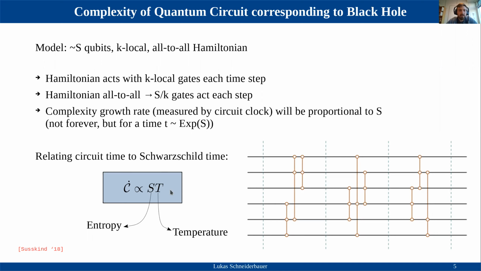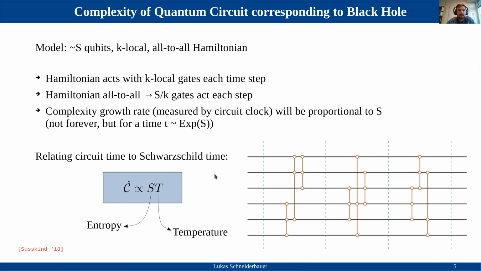That means that the complexity should grow proportionally to S times T, where S is the entropy or the number of degrees of freedom here, and T is the temperature. And this is the famous formula, which is checked all over again.